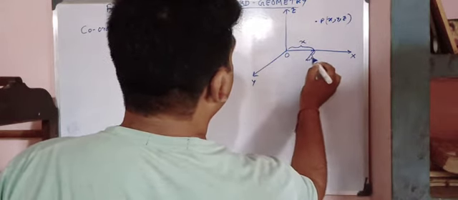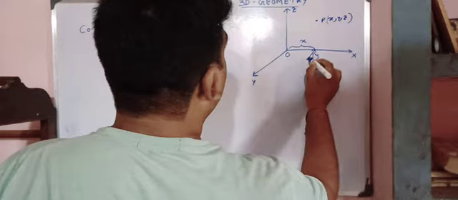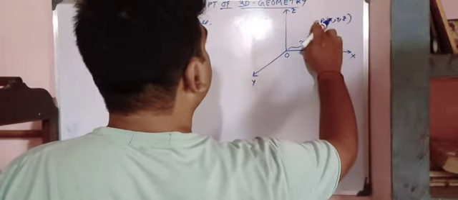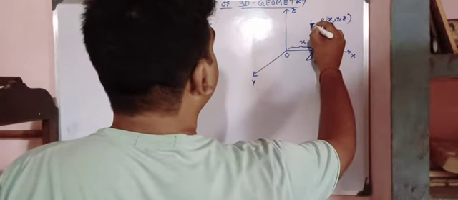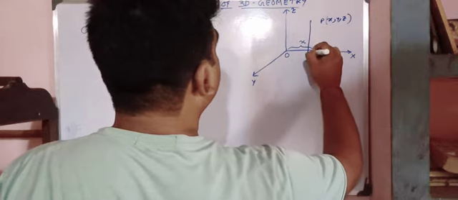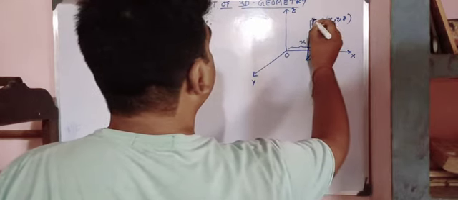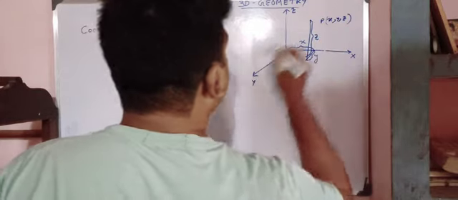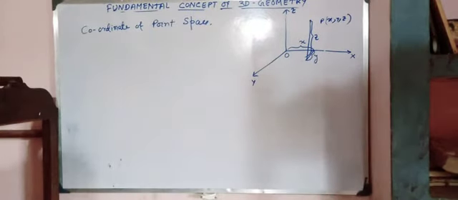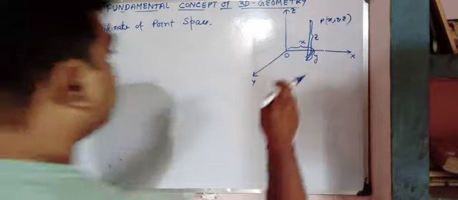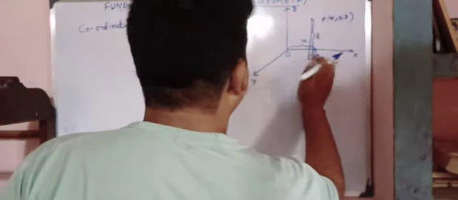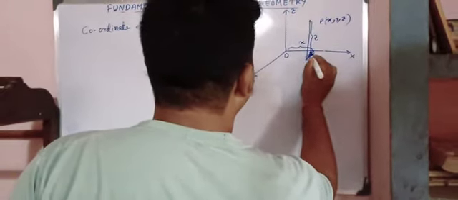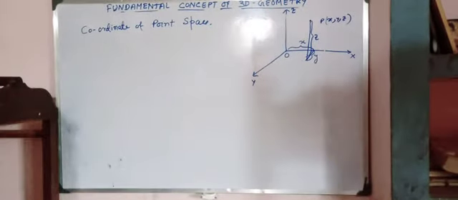This distance is y, and from here, this whole distance is z. Understood that? This is the point lying in space.